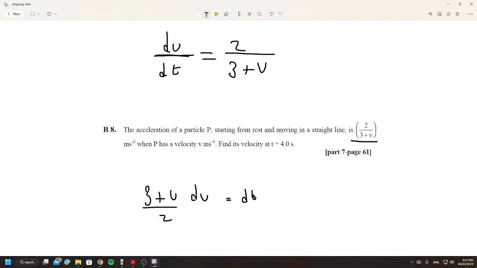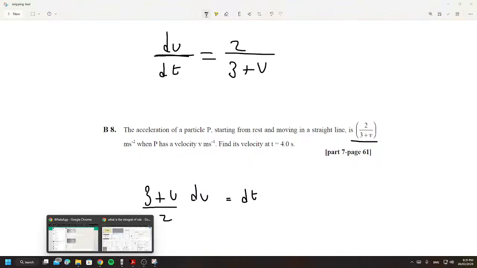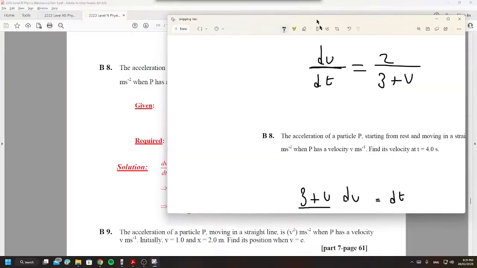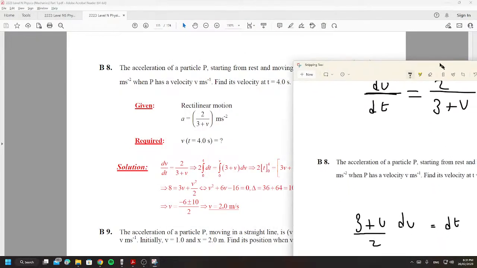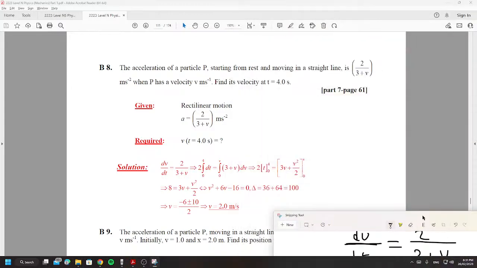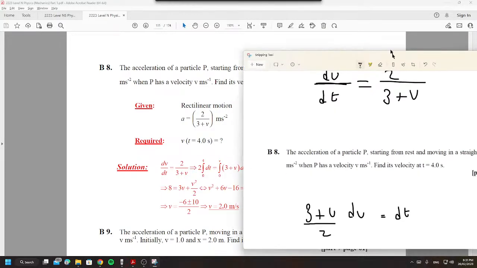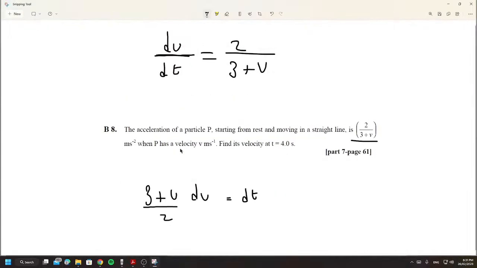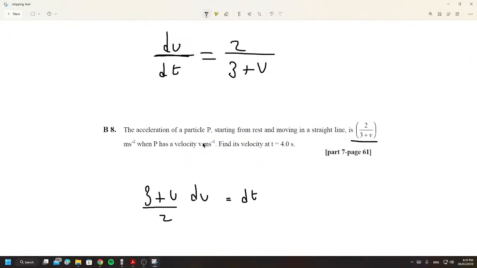I hope this is correct. Wait, this is making no sense. Whatever.